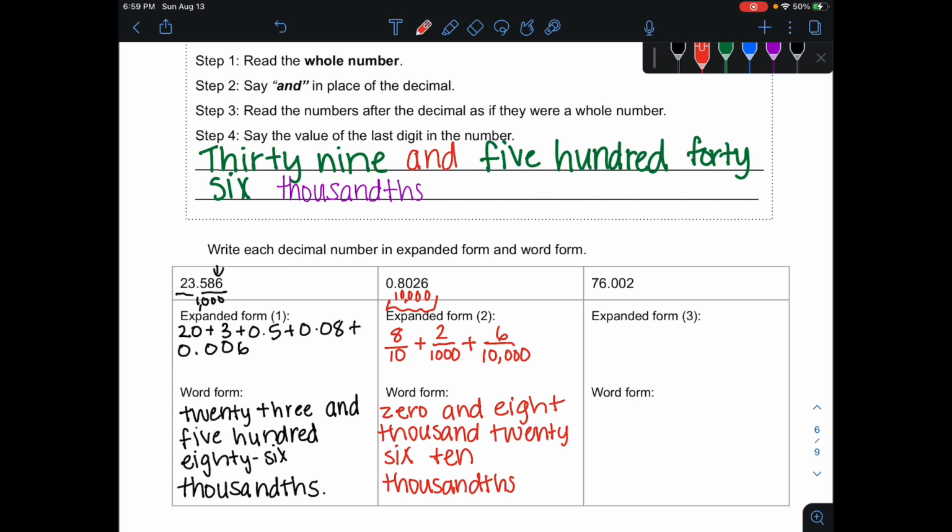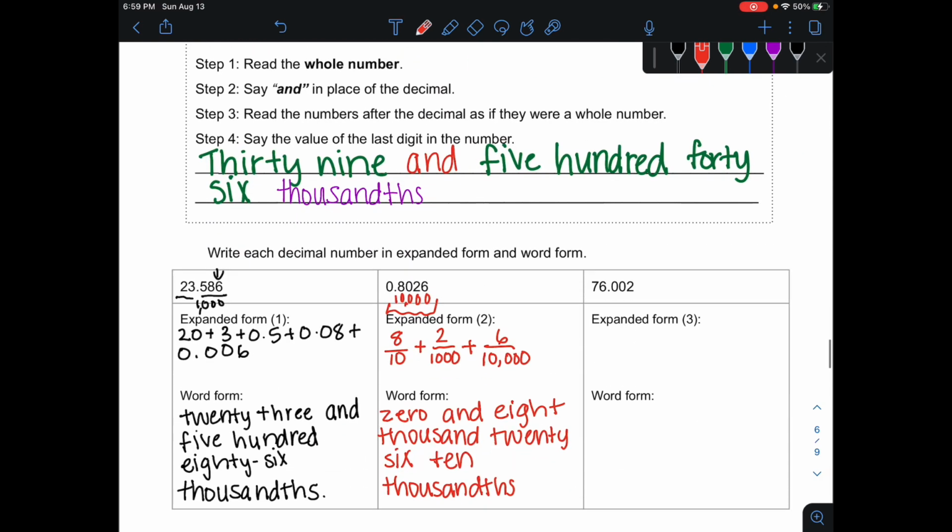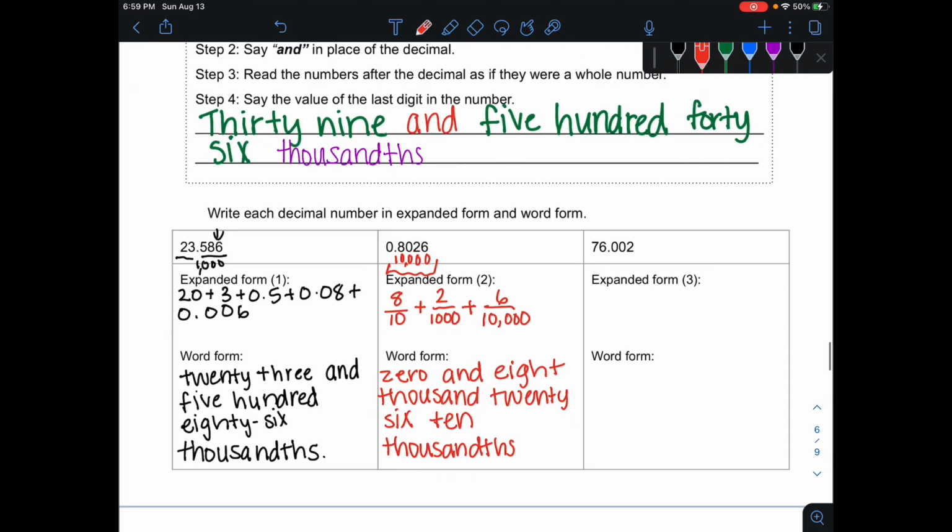Last number, 76.002. And this one we are doing the multiplication method. So we're gonna write it as, let's write it as a fraction, multiplying by fractions.